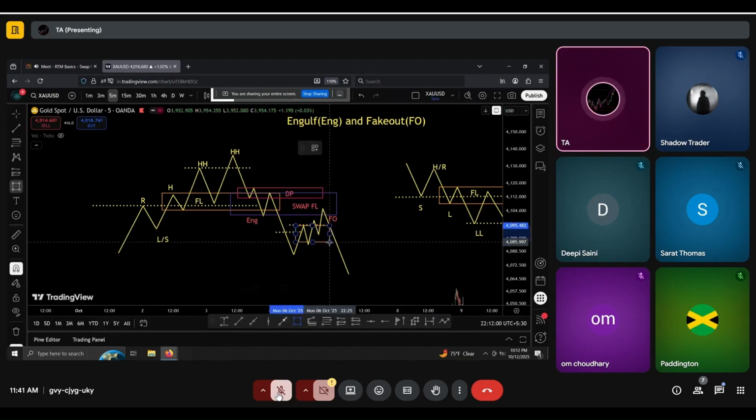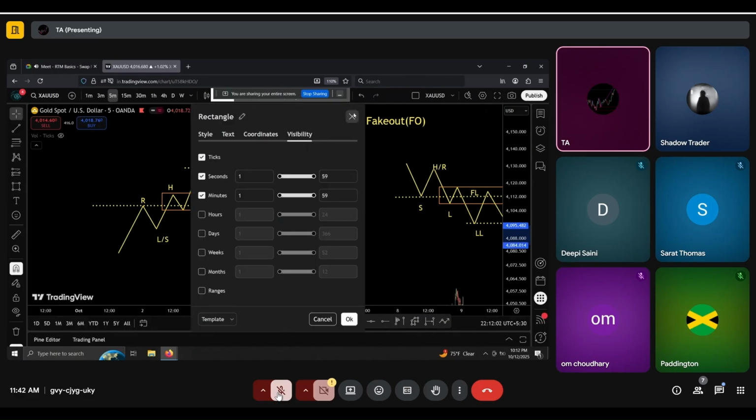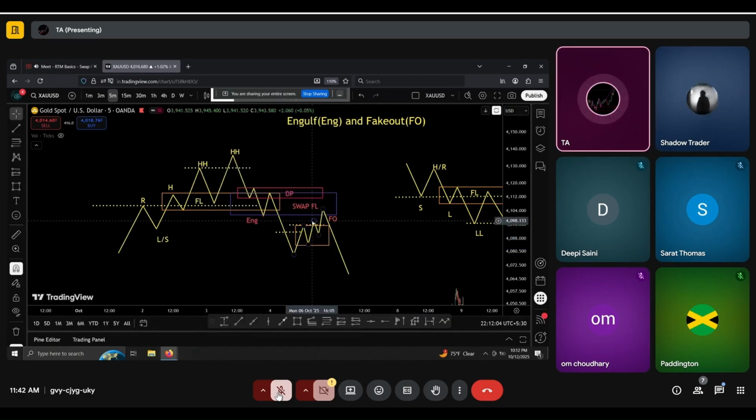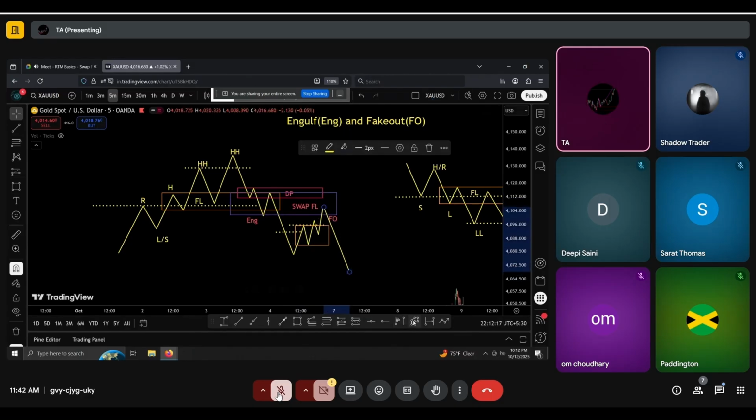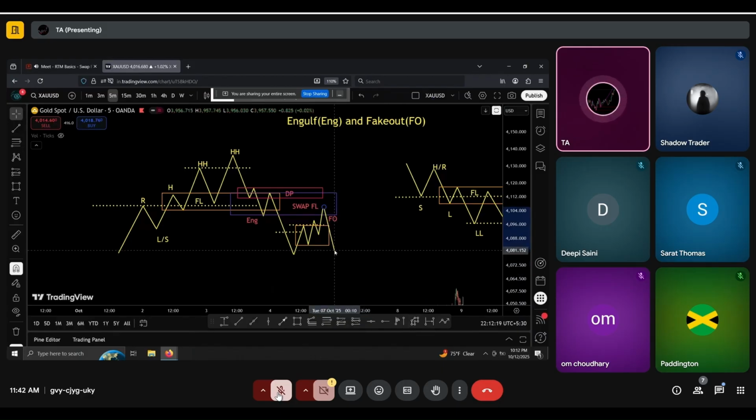An FTR is created, isn't it? When price pulls back again, goes up, this FTR converts into FL, right? When it comes back, price may do the same thing again. Price comes back here, and this may create the swap FL again on lower time frame.